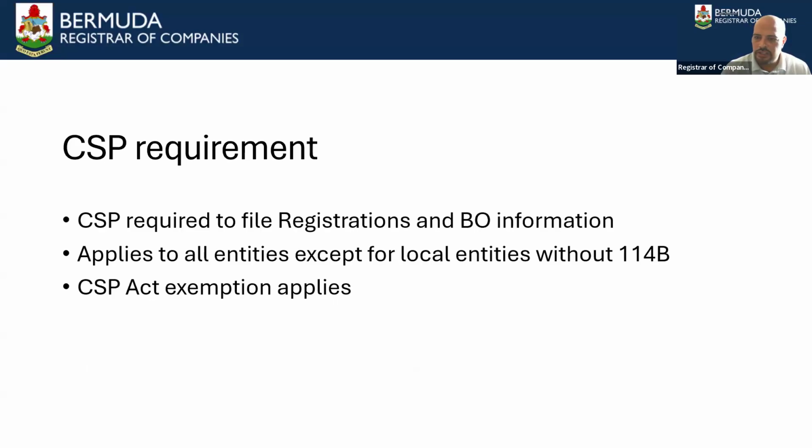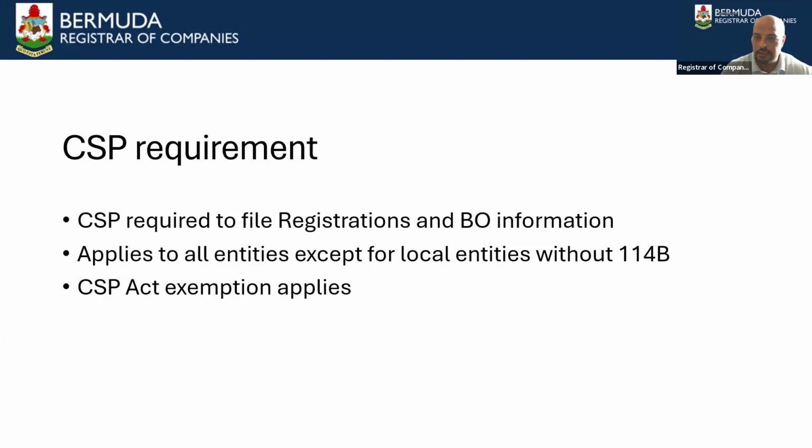Another change that has come into effect is that in order to file new registrations, as well as changes to beneficial ownership information, that will be required to be filed by a CSP as of November 3rd. This applies to all entities except for local entities that do not have a 114B license.